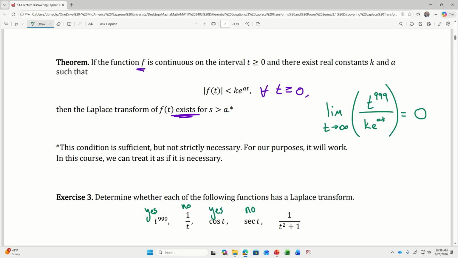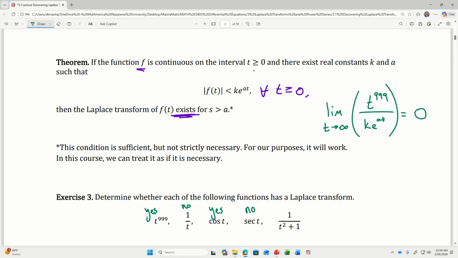Secant has a bunch of poles, or a bunch of vertical asymptotes at every integer value times pi plus pi halves, or something like that.